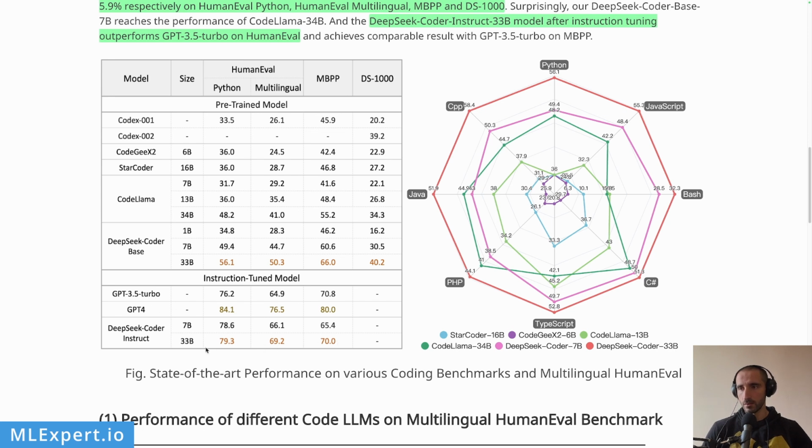The 33 billion parameter model is performing very well compared to the ChatGPT model, outperforming it on everything except the MBPP benchmark, but it is very close. And here are the results for GPT-4, where the model is not that far off either. So I would put it somewhere between ChatGPT and GPT-4, right in the middle.